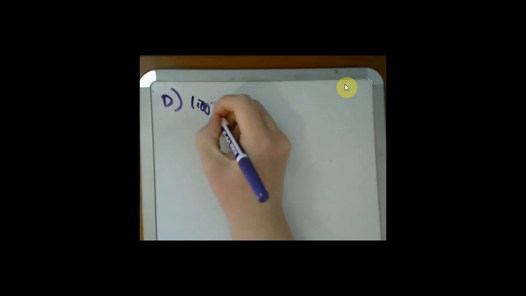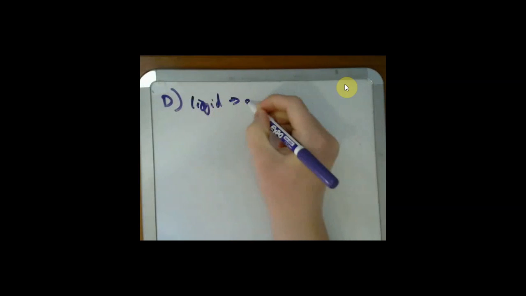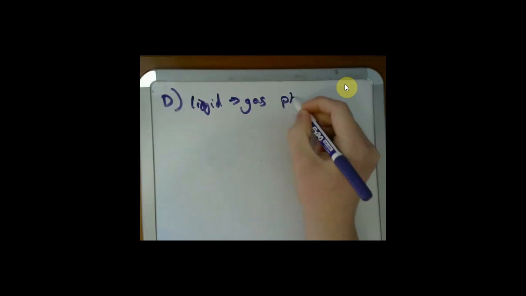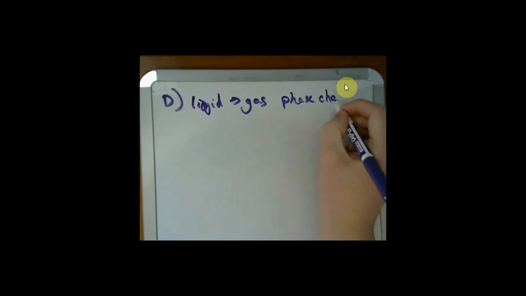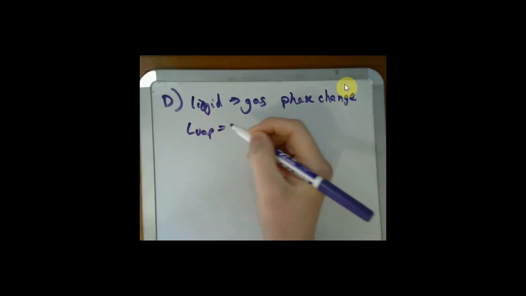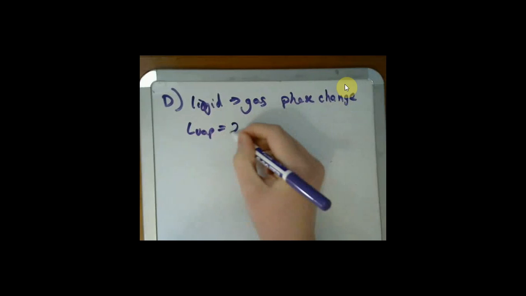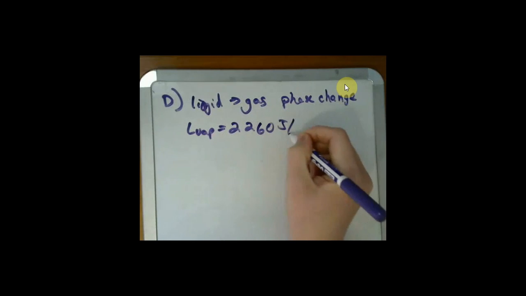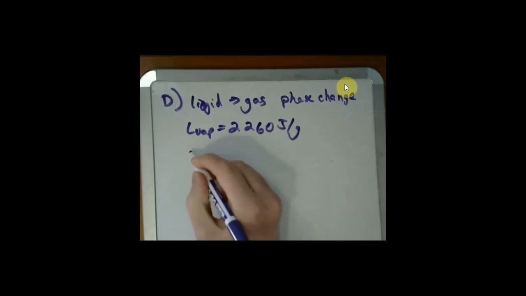All right, so let's go to letter D. D is going from liquid to our gas. Okay, so again, this is going to be a phase change. This is going to necessitate we use the latent heat of vaporization, which is equal to 2,260 joules per gram.